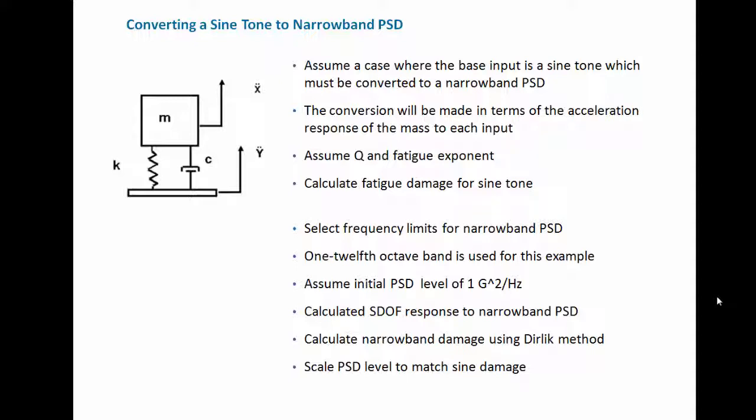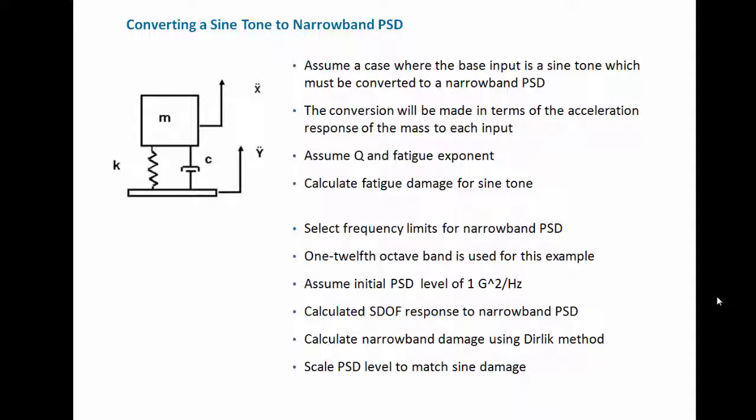And that's reasonable within a series of assumptions. One thing that's interesting is that when we make our equivalent narrowband PSD for our sine tone, that's going to be a G square per hertz level. And let's say it's really a sine on random specification, so some broadband random.